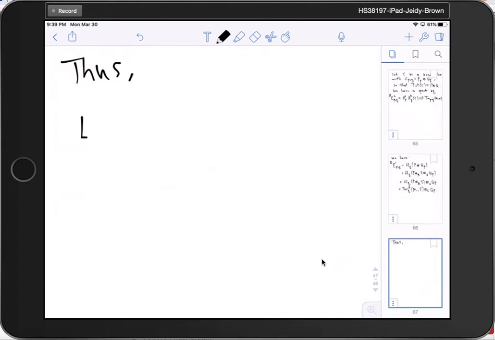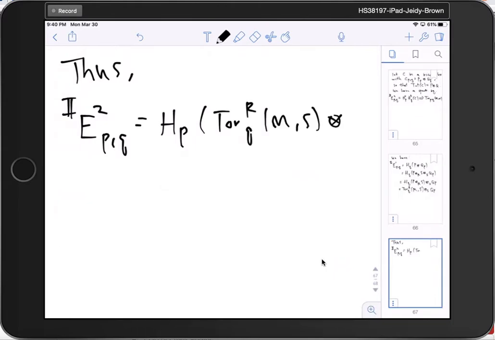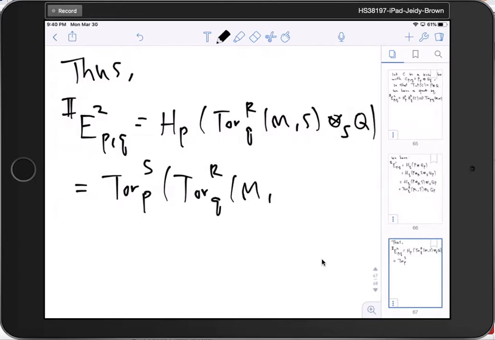And so what we get is the homology of the complex Tor_q^R(M,S), which is just a module, tensor over S with the resolution Q. But by definition, that's just Tor_p^S of Tor_q^R(M,S) against N. And that's what we wanted to prove.